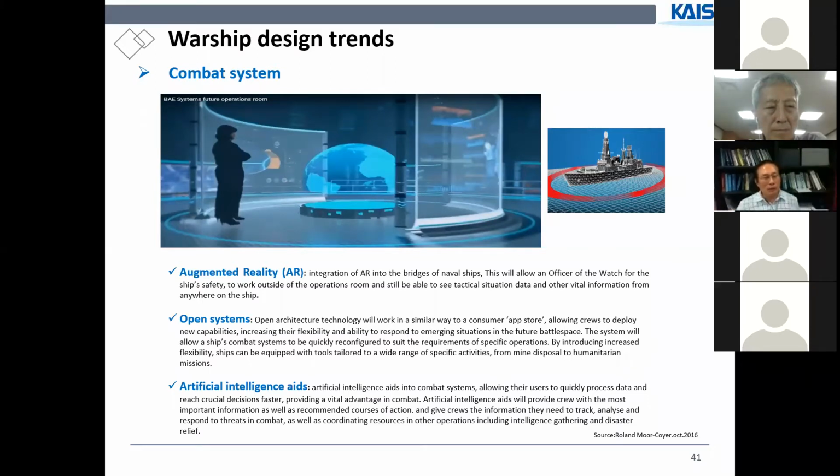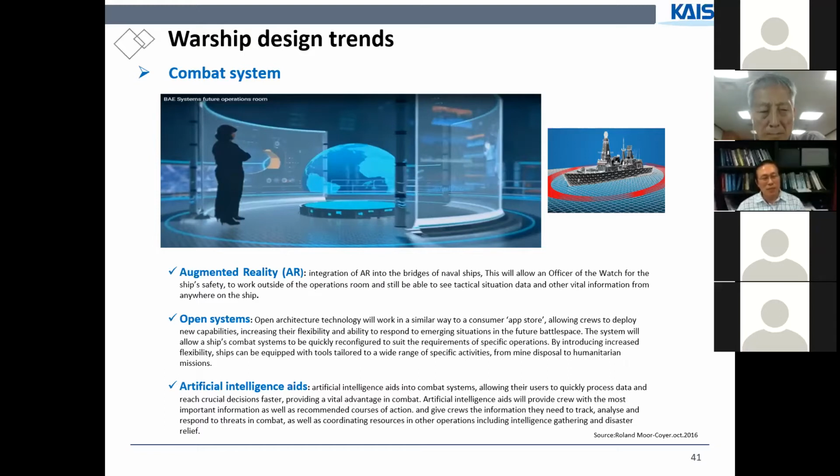They can all commonly use and share the information. Open systems, open architecture technology will work in similar ways, because with an open architecture system we can change, repair and fix many new systems, and interoperability. Artificial intelligence aids are very, very important these days.